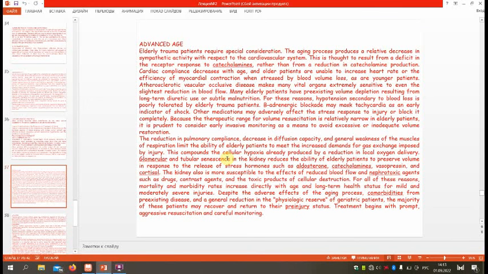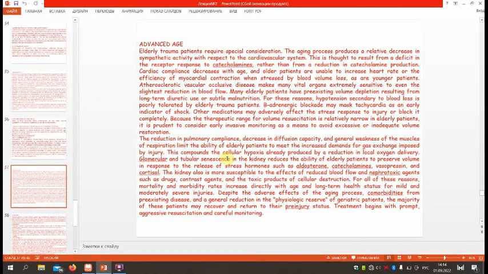For these reasons, hypotension secondary to blood loss is poorly tolerated by elderly trauma patients. Beta-adrenergic blockade may mask tachycardia as an early indicator of shock. Other medications may adversely affect the stress response to injury or block it completely.